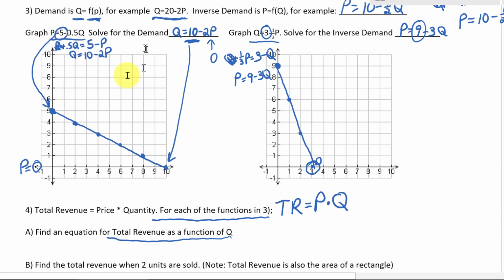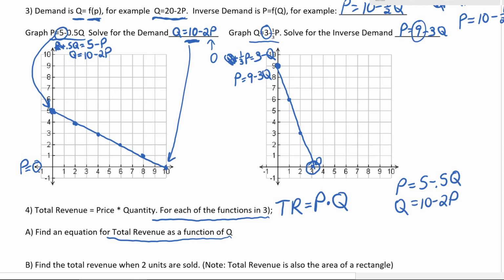For this graph on the left-hand side, let's write down the two equations we have for the demand. So we have P equals 5 minus 0.5Q, or we have Q equals 10 minus 2P.